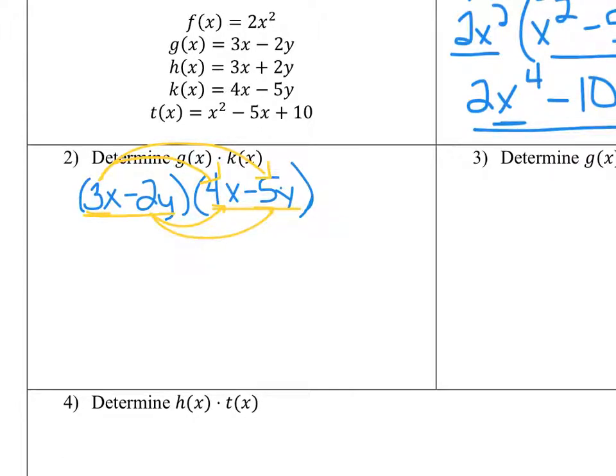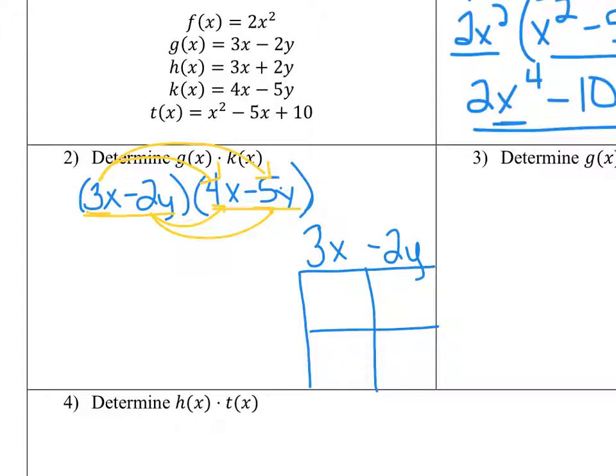I like to use what's called the tabular method. And when we use the tabular method, sometimes I just don't like to think too hard. It organizes me so I don't make silly mistakes like I am prone to. I know myself pretty well, and I know I make interesting mistakes. So I create a little grid, like a multiplication grid, and I put each term of each binomial on the side.